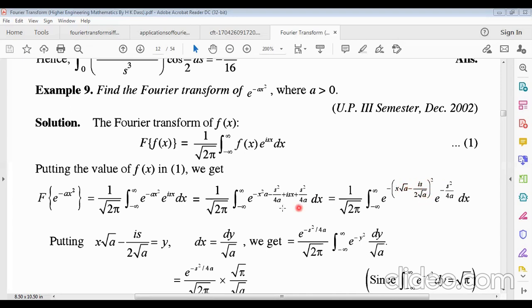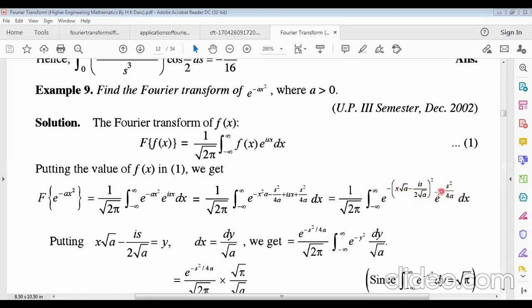Now, if we make it a formula, x root a is a, and is by 2 root a is b. So a minus b whole square formula. To make a minus b whole square formula, then another part will be this extra e to the power s square by 4a dx.